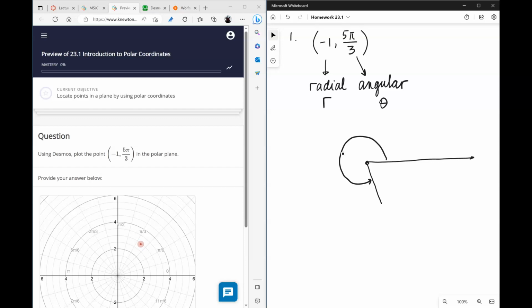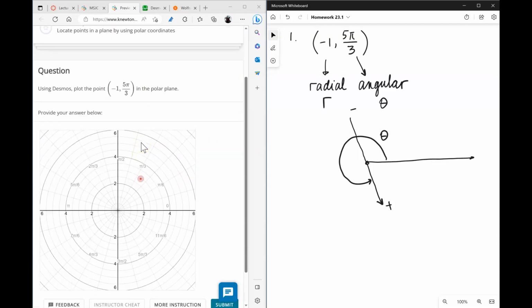And once we figure out the direction, we're going to follow whatever r is. Here this will be the plus direction and this will be the negative direction. So if r is negative, we'll go backwards. Now, in our case, theta is 5 pi over 3, so we're going to be facing this way.